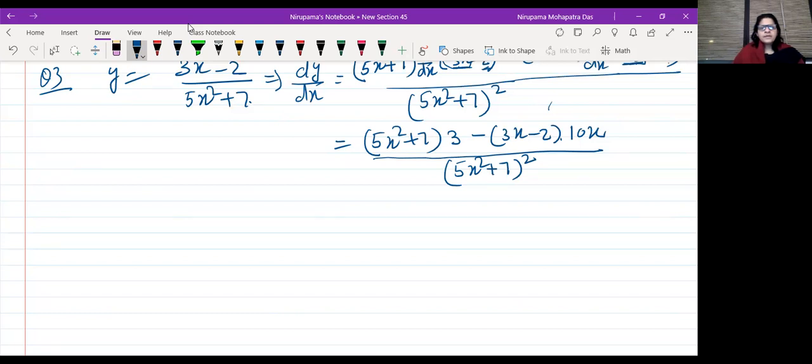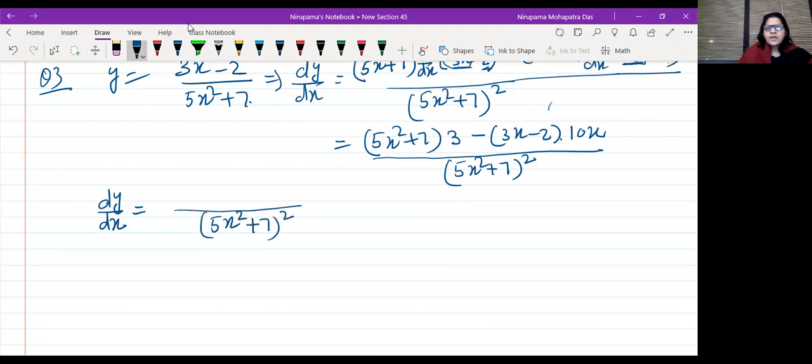dy by dx equals, I am writing here, the denominator is 5x square plus 7 whole square. Now in the numerator it is 15x square plus 21 minus 30x square plus 20x.